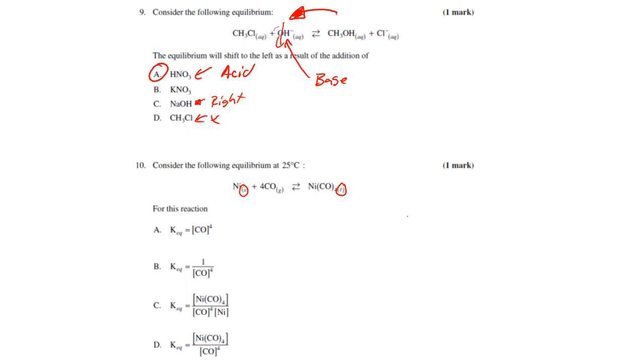So KEQ then is going to be 1 over, we don't put nickel in there, we're going to put just carbon monoxide in there. Now, carbon monoxide has the coefficient of 4 in front, and so we have to put this to the power of 4, like that. Okay, and that gives us this as the answer.